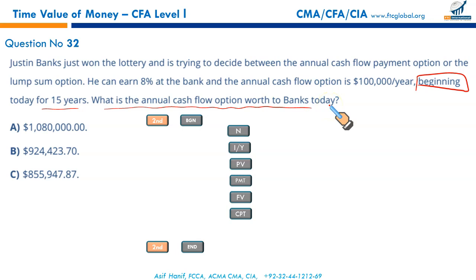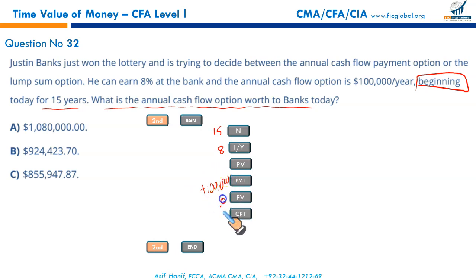You have to set your calculator to beginning mode by pressing second PMT second set. Then there are 15 periods. I'm sure you people have your calculators with you. Since there is annual compounding, the interest rate would be 8. Payments that he will receive, you can write a plus sign. Inflow means positive, outflow you can put a negative sign with it.